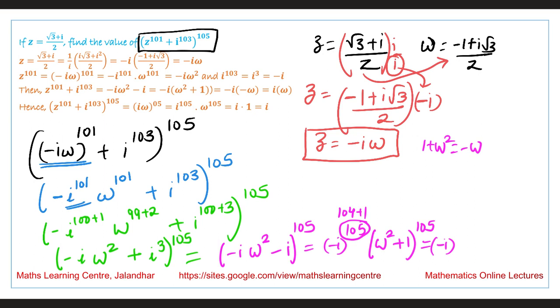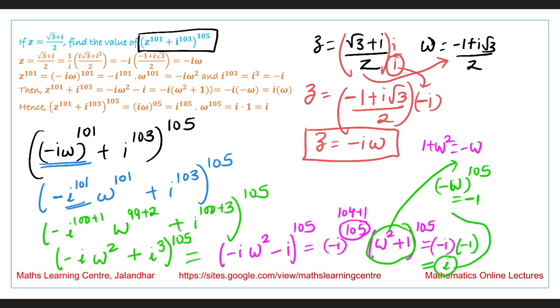Omega square plus 1 is equal to minus omega, and minus omega raised to the power 105 is a multiple of 3, so the answer will be minus 1. So the final answer that we obtain is iota.